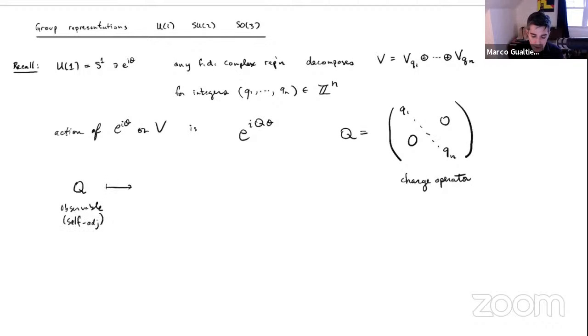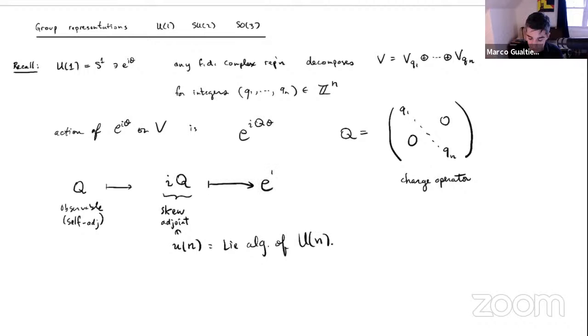right? And then you multiply by i, and then this becomes skew-adjoint. That means that it's in what we call u(n), the Lie algebra of the unitary group. And then we exponentiate this for a certain amount of time, or what we normally call the angle theta, since this is an action of the circle.